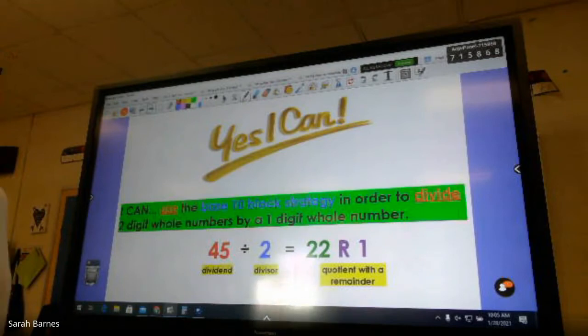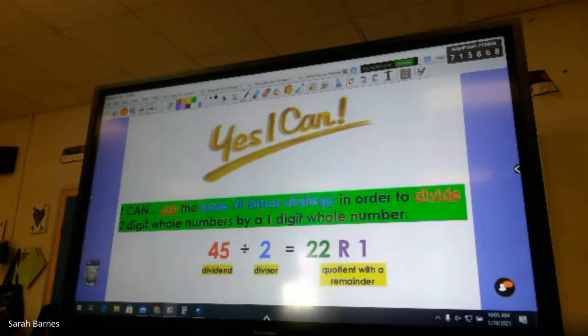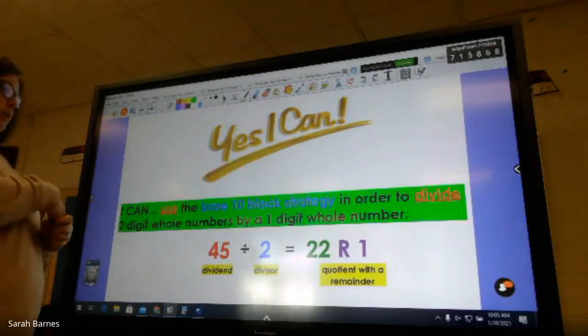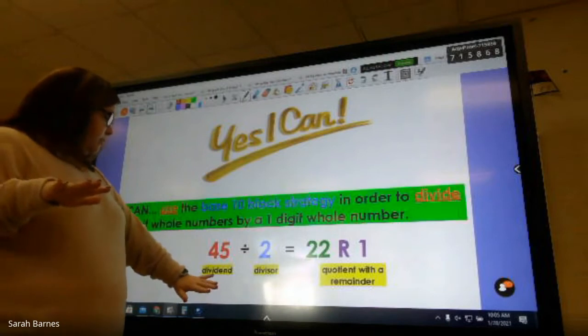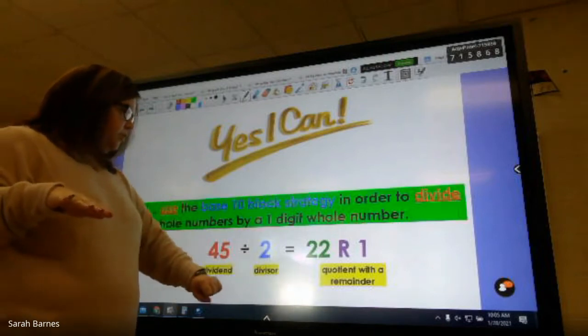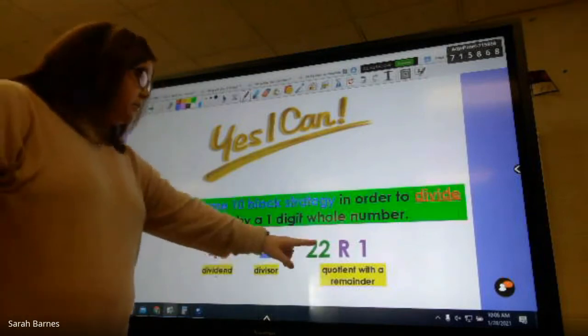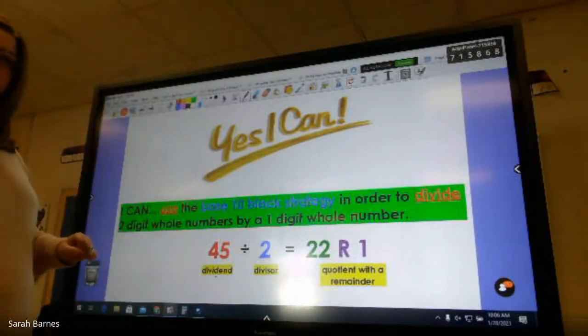So I can use the base 10 block strategy in order to divide 2-digit whole numbers by 1-digit whole numbers. Now you guys know that this is our dividend and this one here is our divisor and the answer is our quotient. Now this quotient has a remainder. Do you guys see that? It has a remainder.